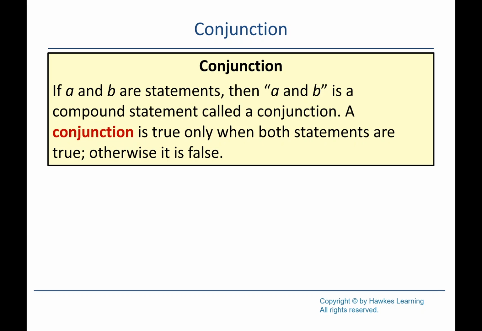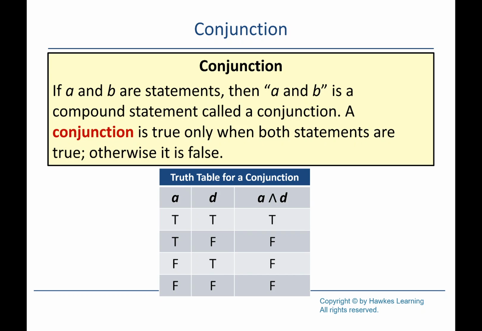The way this would look in a truth table, it would be something like this. Don't stress if the first two columns look complicated. That's just listing out the possible combinations of the truth values. We've got our two simple statements A and D, so we could have true-true, true-false, false-true, false-false. That's no big deal. What we want to focus on here is this last column.